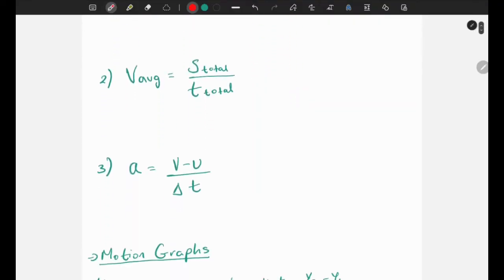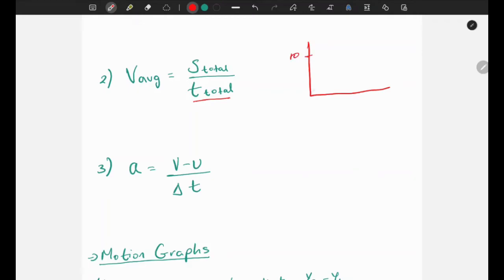The second formula is for average speed. So average speed is the total distance divided by the total time. Average speed is usually given on distance time graphs. So we can have a distance time graph.